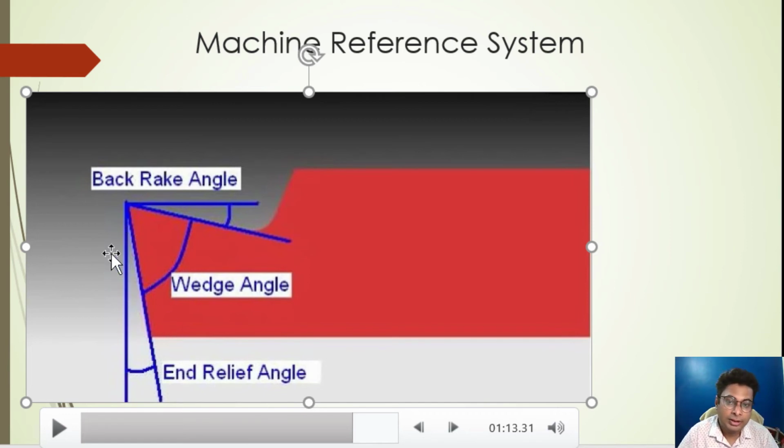The measurement of the clearance face with your pi x is your end relief angle. This angle is known as the wedge angle of the cutting tool. Greater the wedge angle, we will get a tool having greater strength.